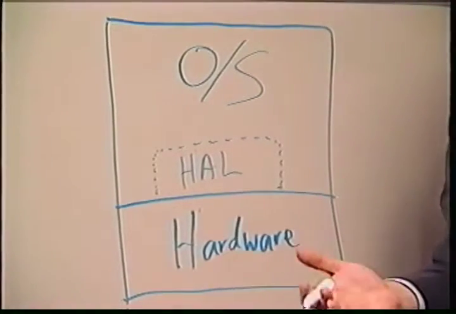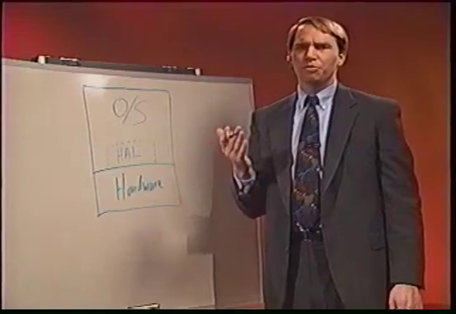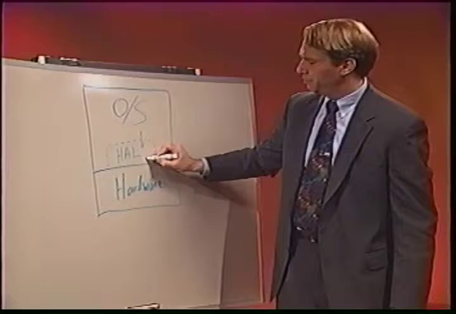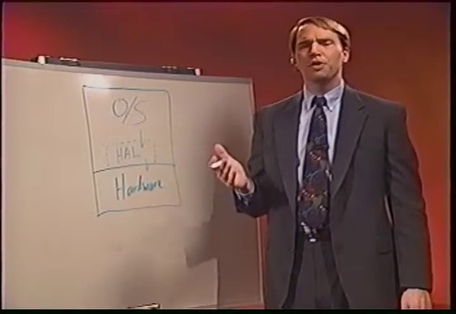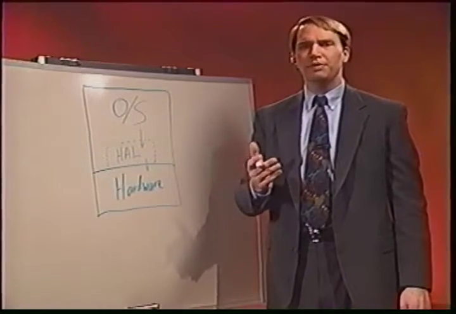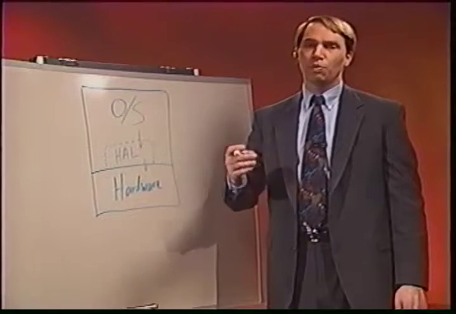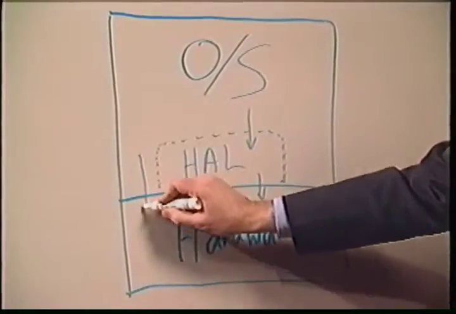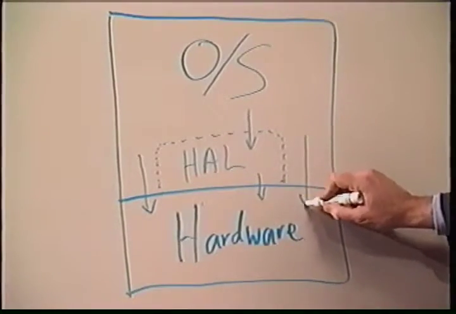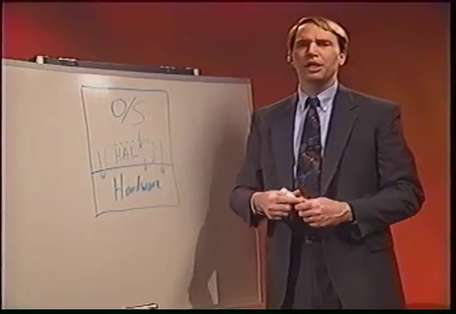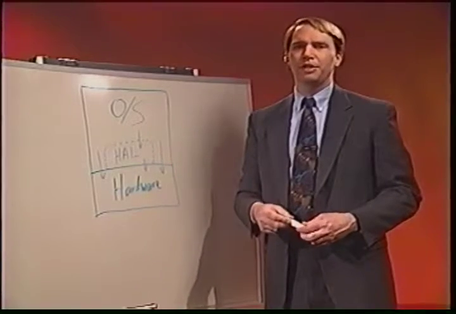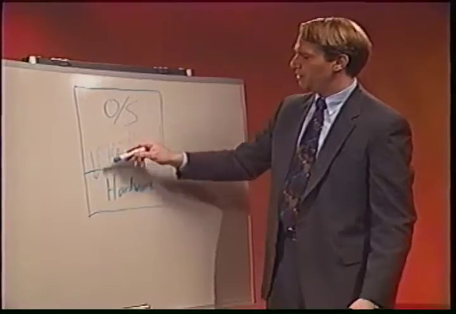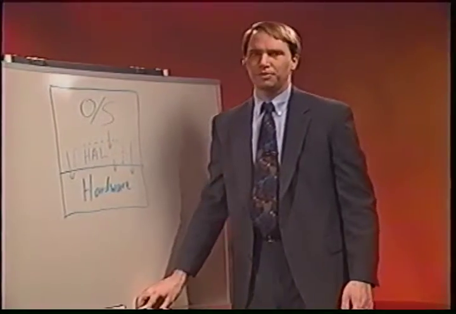And all the portable parts of the operating system go through this HAL layer. It's only those parts of the operating system where you either have to have maximum performance or where you need to have hardware-specific information that it bypasses the HAL layer. Don't worry, you'll have some better diagrams of this later on in your handouts, but I just wanted to show you where HAL fits in a general sense.